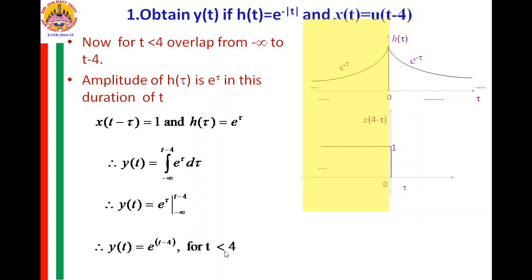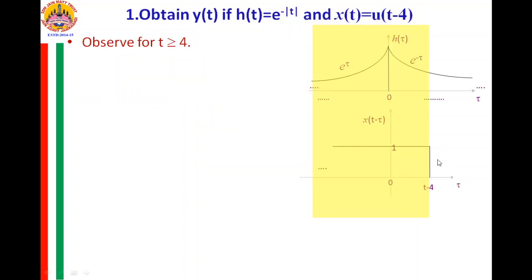Now for t greater than or equal to 4, we have to shift this by an amount of t towards the right side. So if I shift by an amount of t towards the right side, this end is t minus 4. You observe that still the overlap is there from minus infinity to t minus 4.